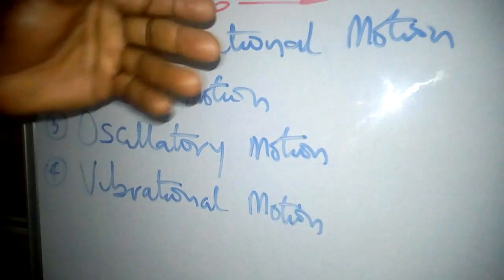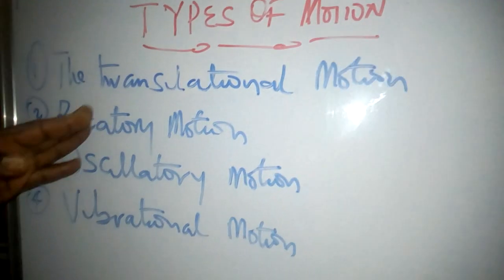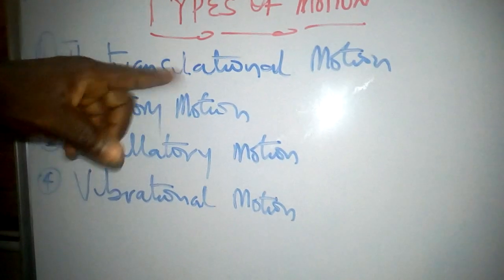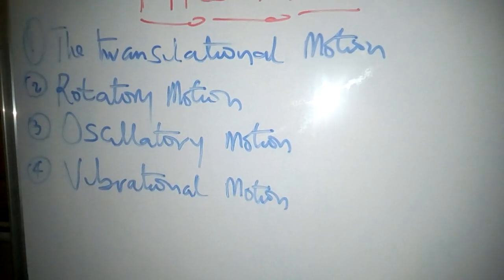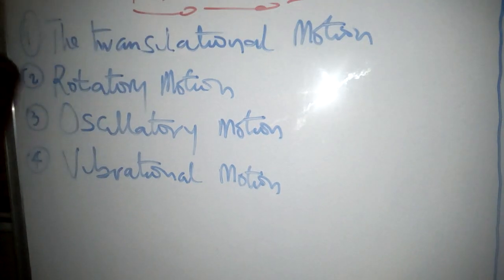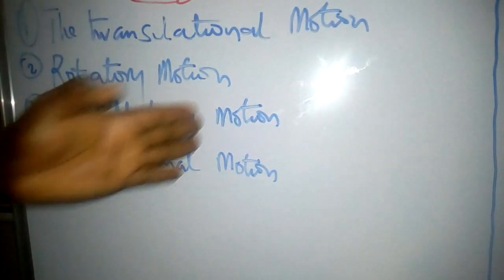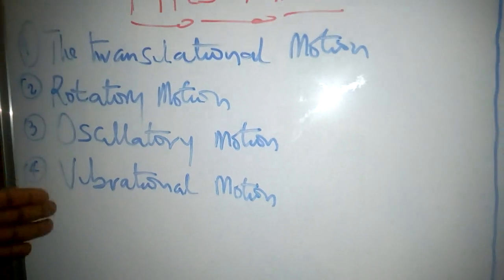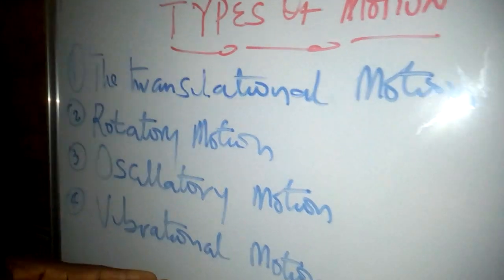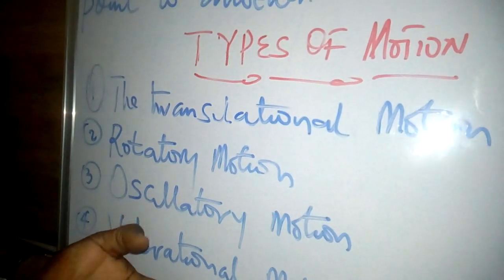Translational motion is motion that moves from one end to another. Rotatory motion is motion that moves in a circular path with a given radius. Oscillatory motion moves to and fro, like a simple pendulum. Vibrational motion is mostly visible in atoms of an element.